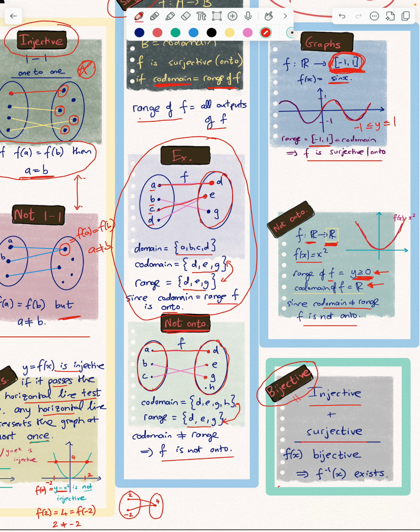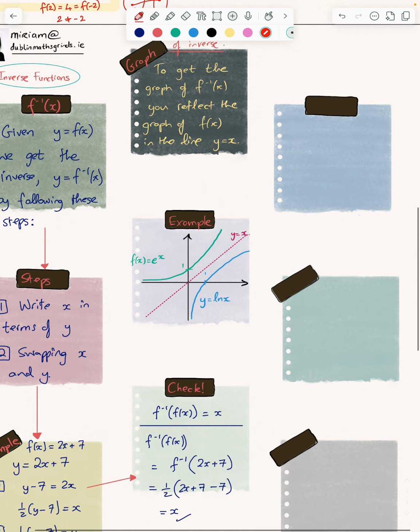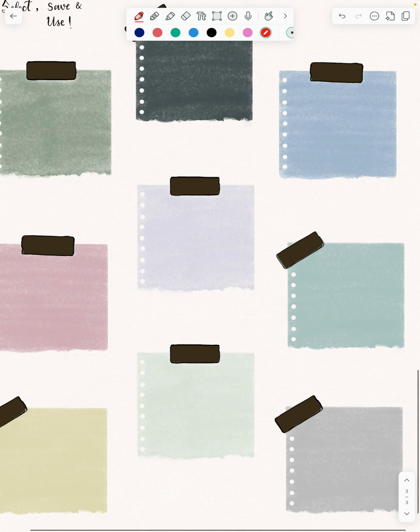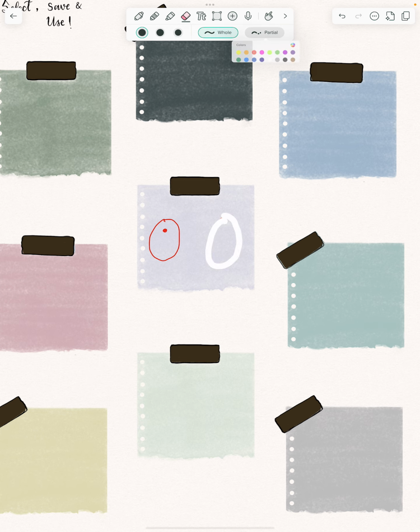And if a function is bijective, that means the inverse exists. I'm just going to give you a few pictures of bubble diagrams here. So, for example, bijective would be something in which, for every value in the domain, there is a one-to-one value in the codomain.